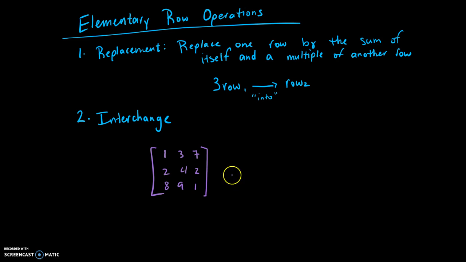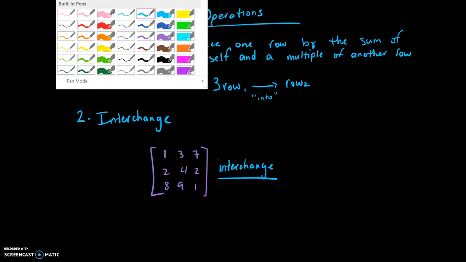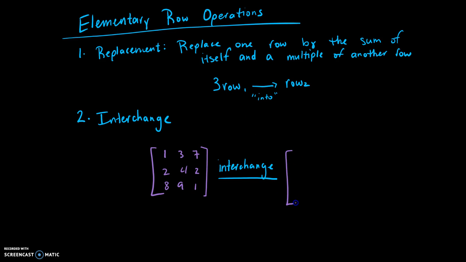So we'll say interchange row 1 and row 2. So we're just going to switch their orders in our matrix. This one's really straightforward.